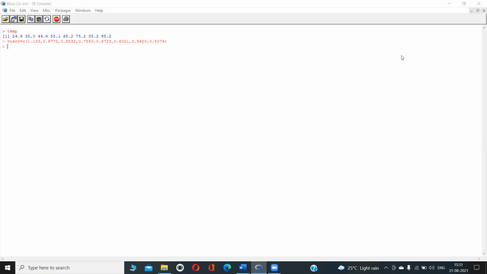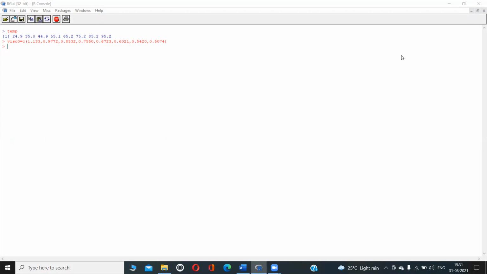The first one is linearity, whether the response variable and regressor variable have a linear relation or not. The second one is normality, whether the errors are normally distributed or not. And the third one is whether the variance is constant or not.